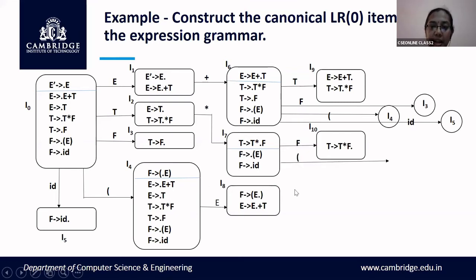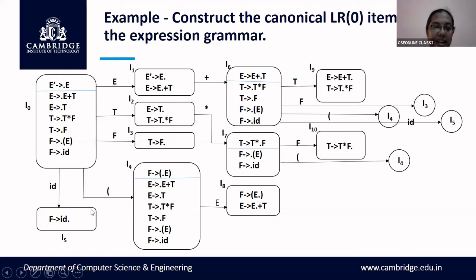So again, it is a repetition of I4. So I am not putting an arrow mark to I4. Instead, I am just putting a circle and representing that on open parenthesis, it is again state I4. Now coming to the next production rule, F derives dot ID. So dot can move one position towards the right, on symbol ID. Which state will I be getting?